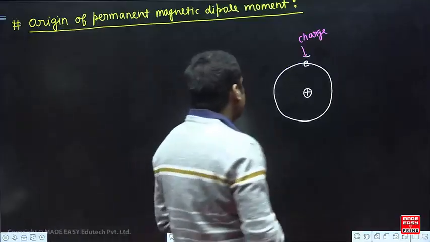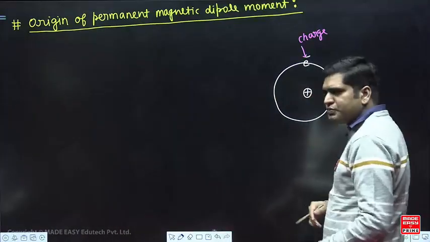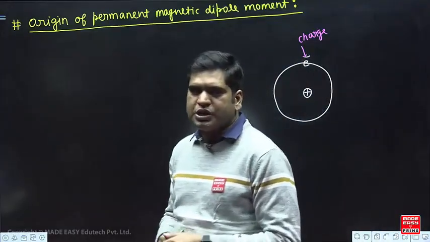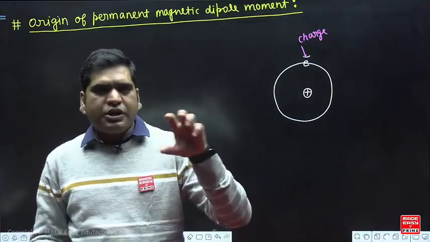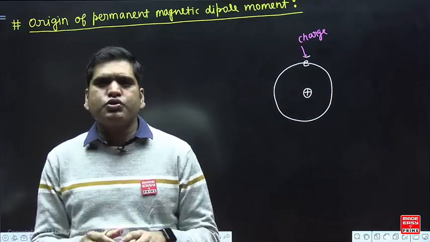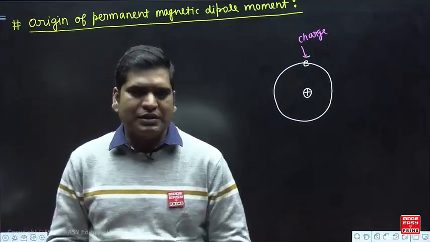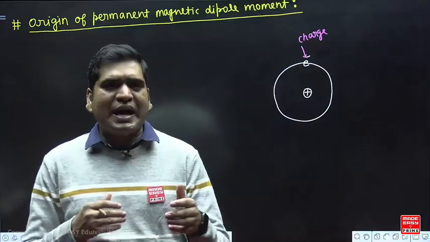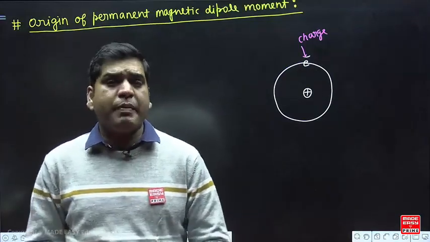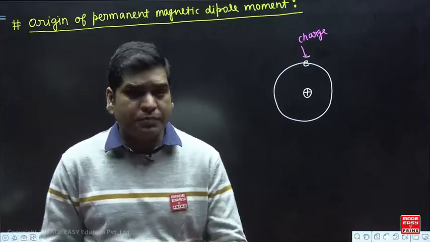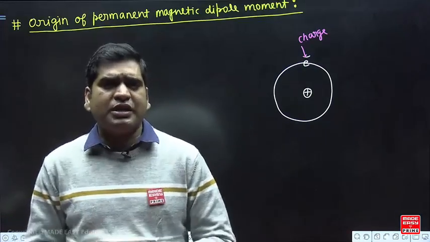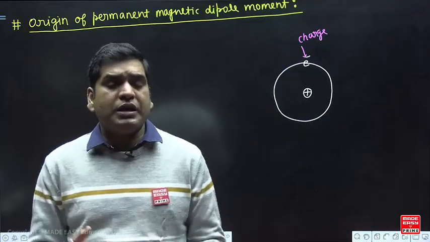But see one thing: the number of positive charges in the nucleus is equal to the number of negative charges across all the orbits. So the orbital angular motion of electrons and the nuclear motion of the nucleus will try to cancel the effect of each other. So their contribution to the magnetic property will be very small. They will try to balance each other, although they cannot balance 100%.